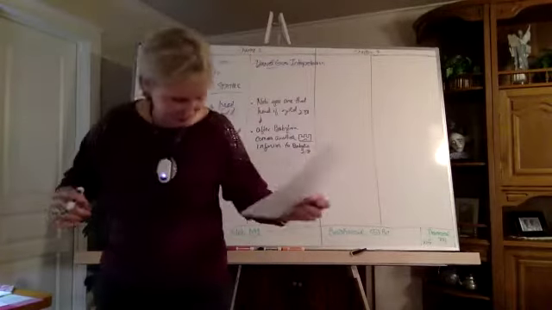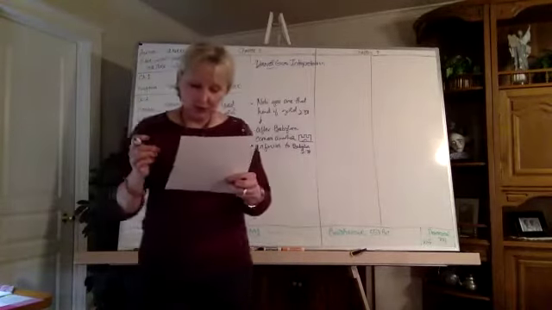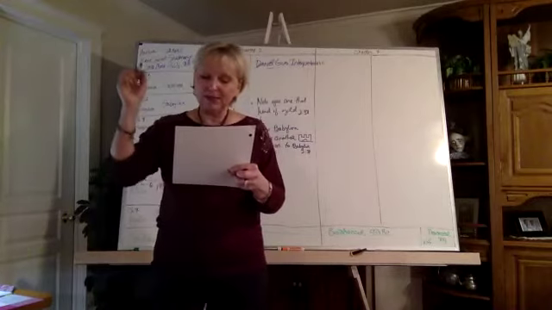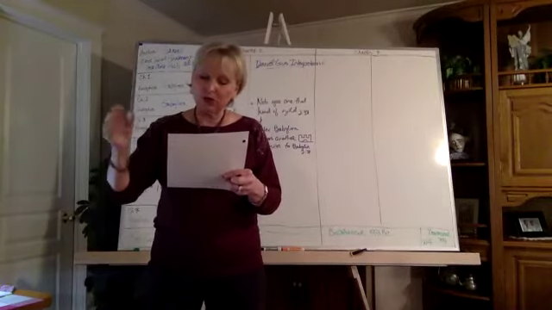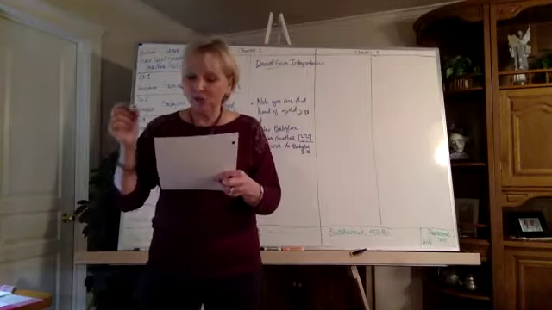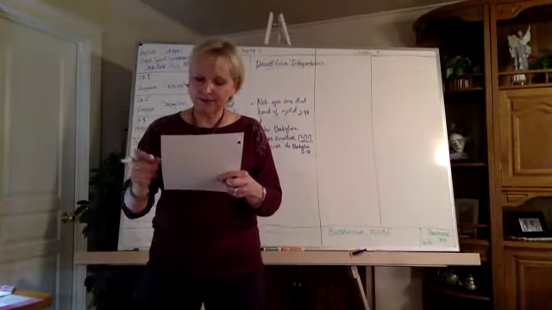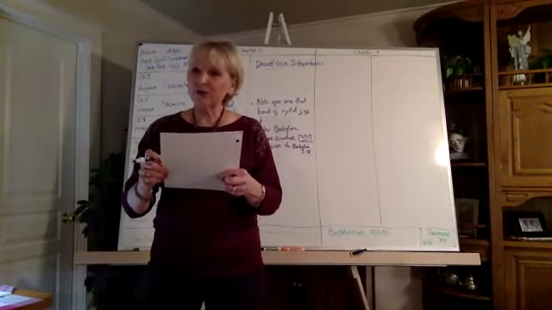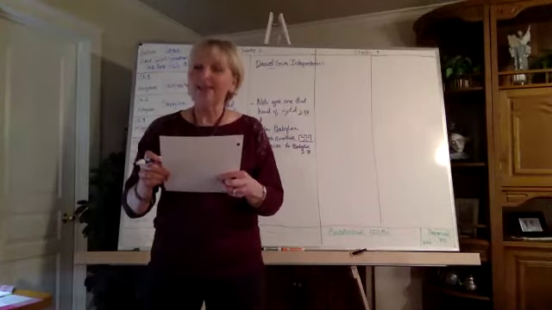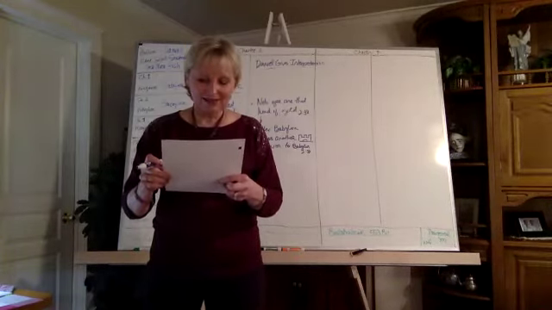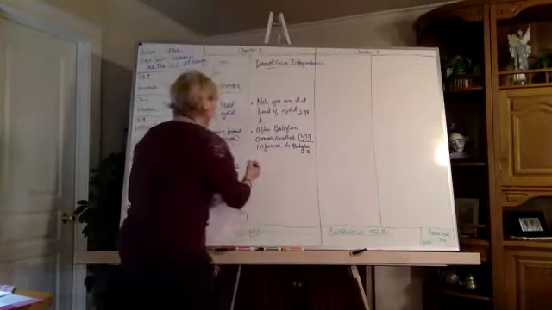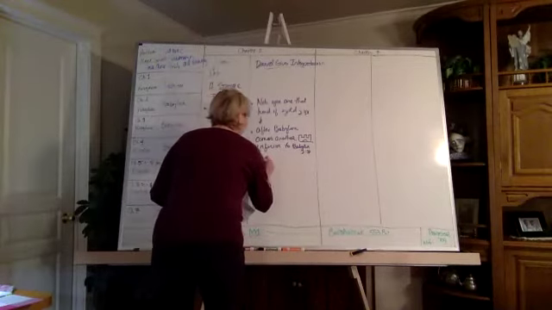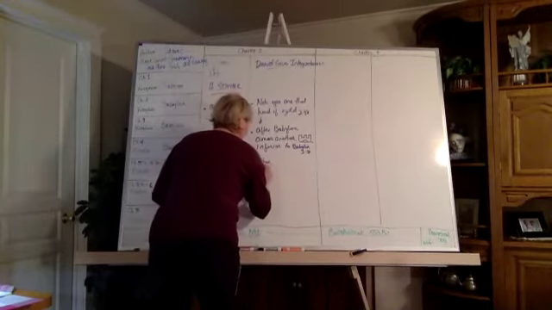Okay, in 39, where it says after Babylon will come another kingdom inferior to it, what is the next part of that sentence? Is there a time reference in there? Then what? Then another kingdom.